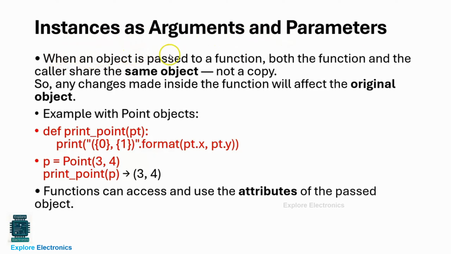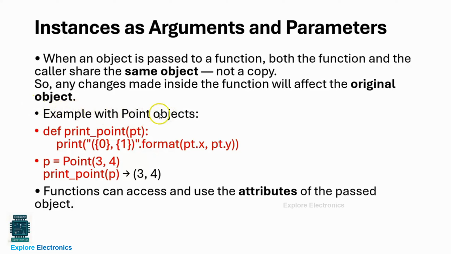When an object is passed to a function, both the function and the caller share the same object, not a copy. Whenever any change is made inside the function, that will affect the original object. Clear?